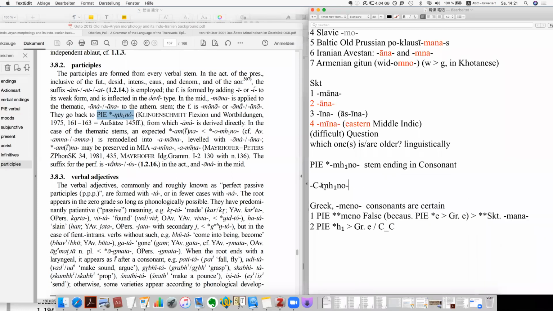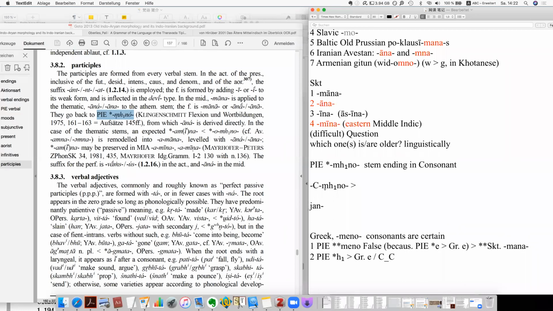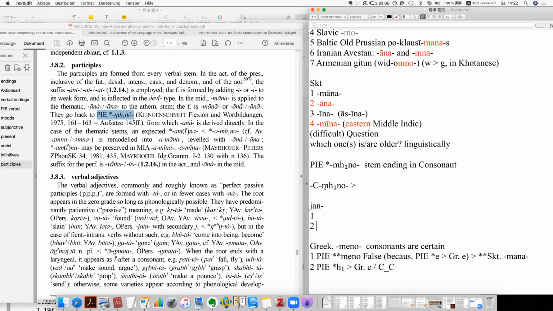And what is the result of this one? Check the example of jump. What is the PPP of jan in Sanskrit? Jāta or jata? Yes, correct, jāta. There's no need to ask the question.